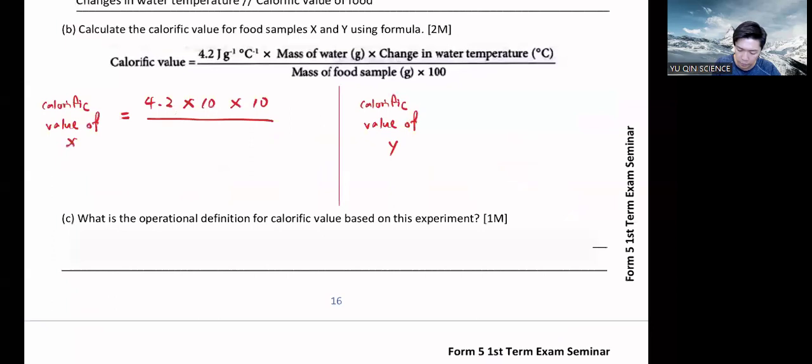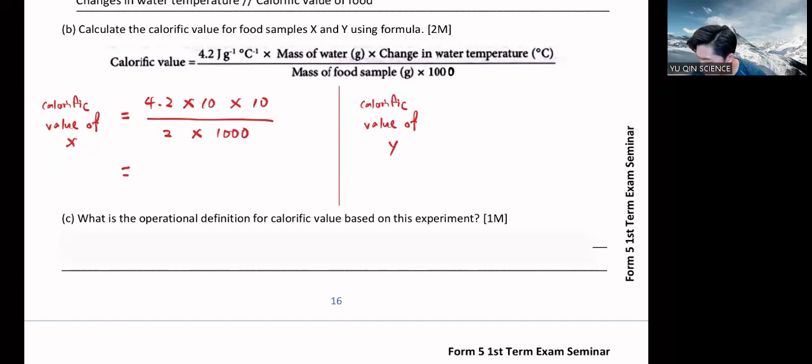2, times 100. No, actually error. Sorry, this should be 1,000. Excuse me, 1,000. You look at your short notes, you have the formula there also. 1,000. Okay, calculator, anyone?